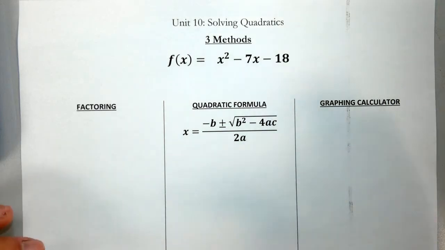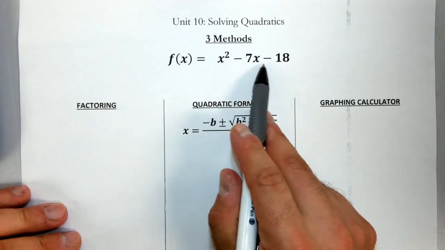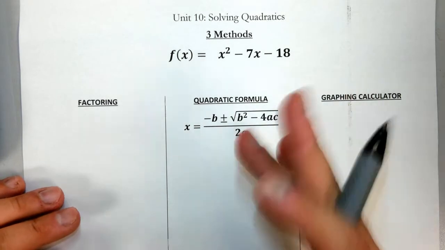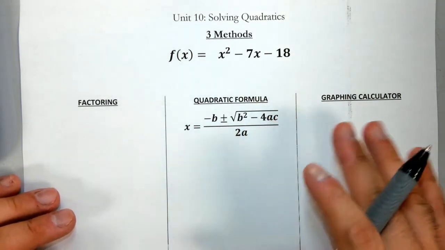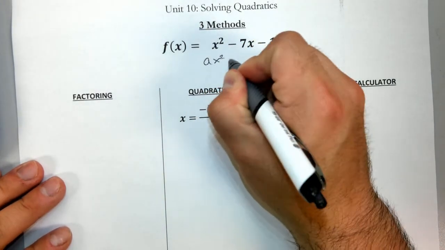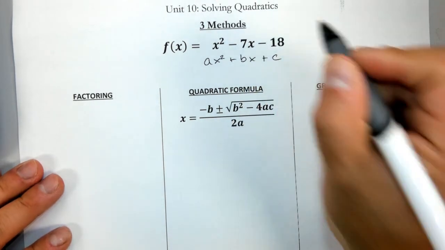As you're doing these equations, notice this is just another trinomial. This is a quadratic because it has an exponent of 2. Maybe what you want to do here is write down the generic form of the quadratic equation, which is ax squared plus bx plus c.